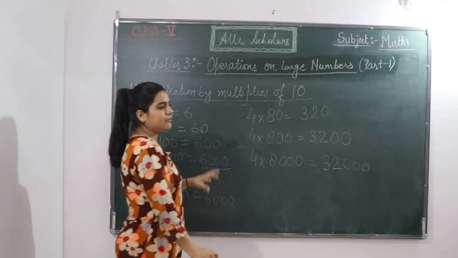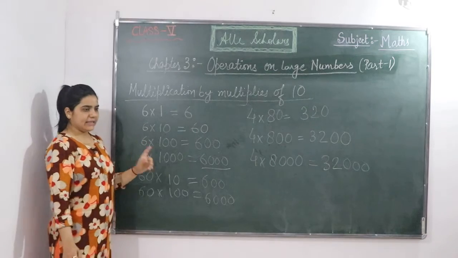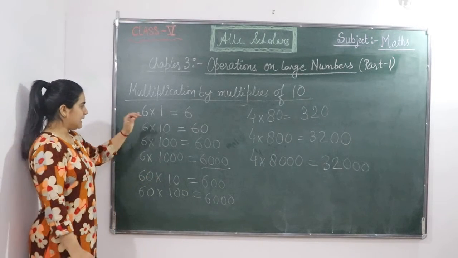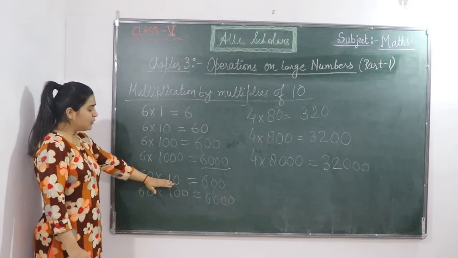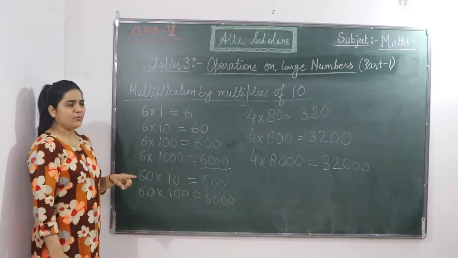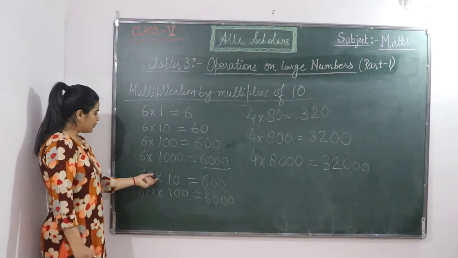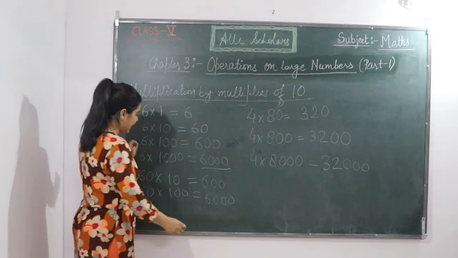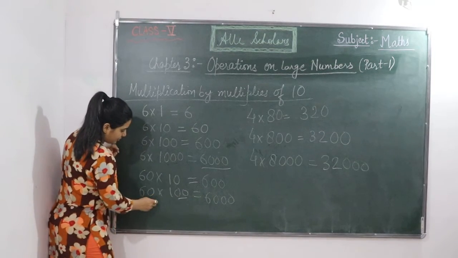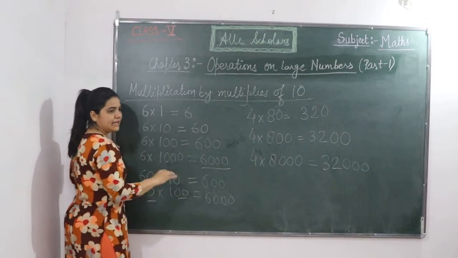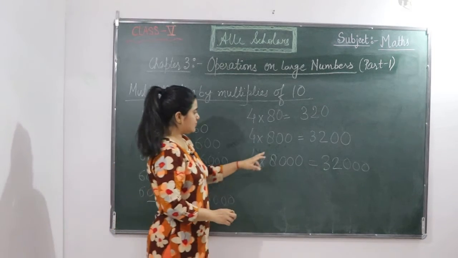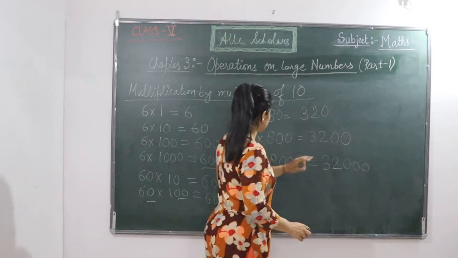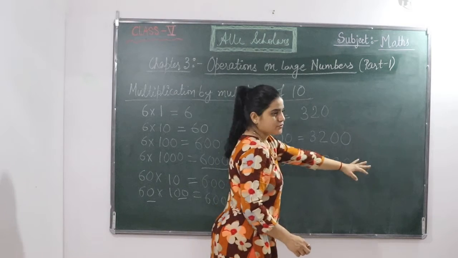So the simple funda is that if either one or both the factors are multiples of 10, we need to multiply the numbers and at the end just count the number of zeros and put them there. Blindly you have to put the number of zeros.